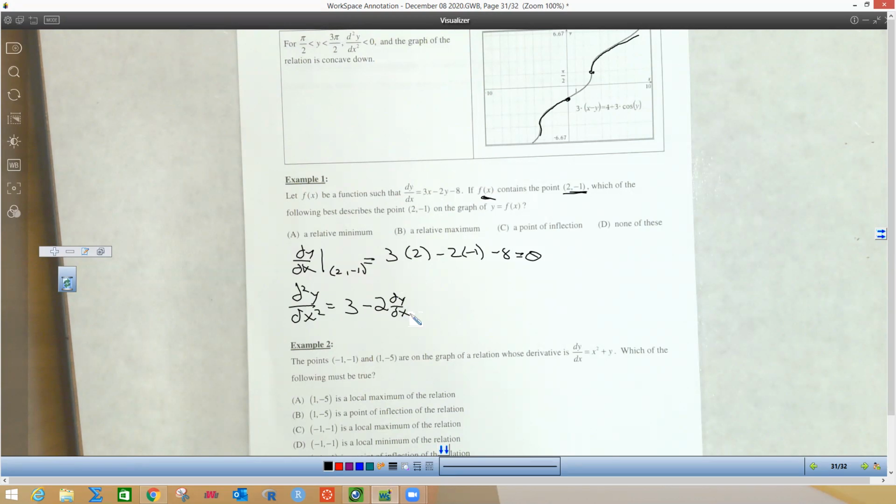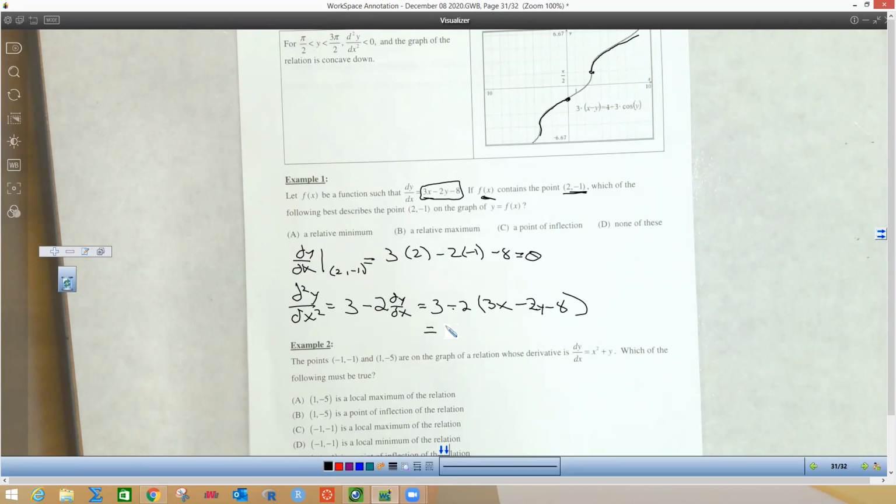Now, we do not want dy dx here, so we're going to stick this whole thing right here back in for that dy dx. So this would equal 3 minus 2 times 3x minus 2y minus 8. And then I'm going to distribute that negative 2.